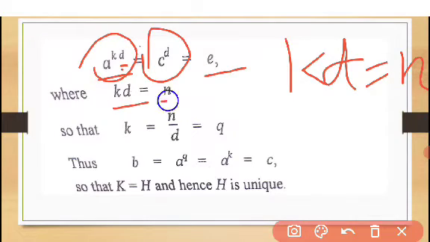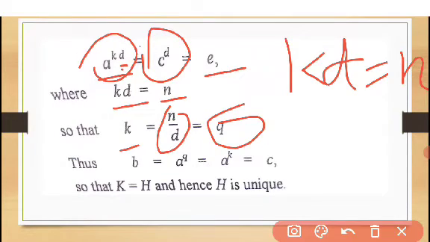So kD is equal to n, and here k is equal to n by D, because D is multiplying here, on the other side it will divide, and we know that when D divides n, it gives us q, as we discussed earlier.